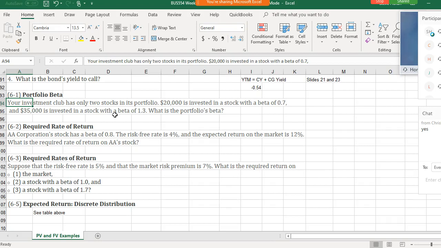So let's say if the market went up by 10%, you would look at a particular stock and ask, what did that stock do when the market went up 10%? Did it also go up 10%? Or did it go up by 12%? Or did it go up by 8%? And that's what you're tracking.